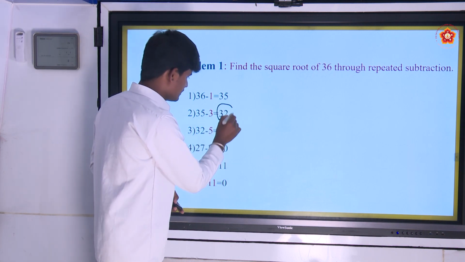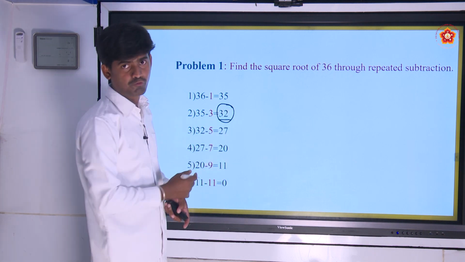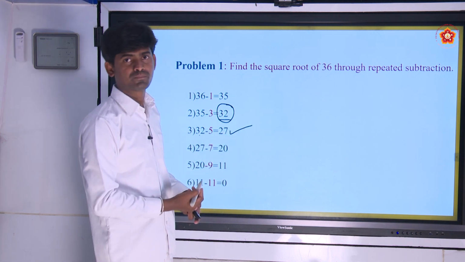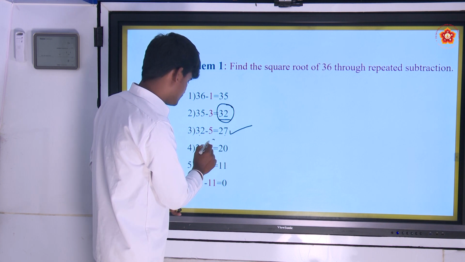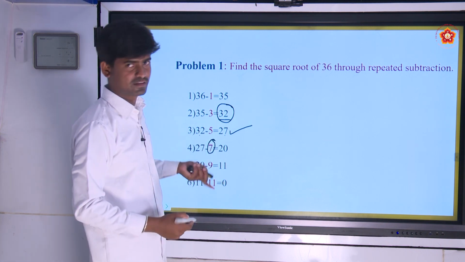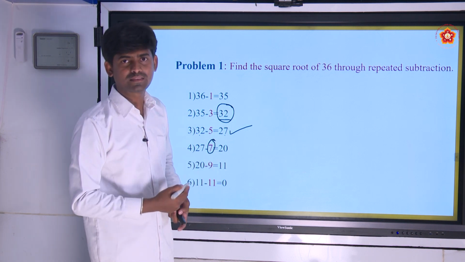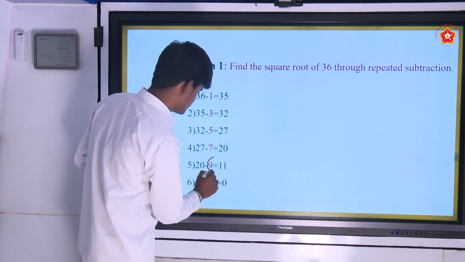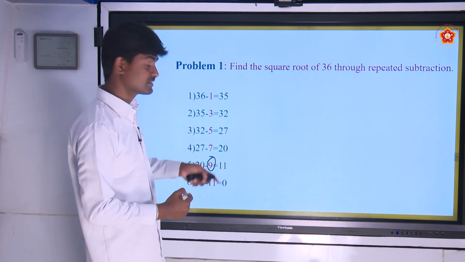Again for 32, the next odd number is 5. So 32 minus 5 is 27. From 27, the odd number is 7, after 1, 3, 5 it is 7. 27 minus 7 is 20. Then the next odd number is 9, so 20 minus 9 is 11.